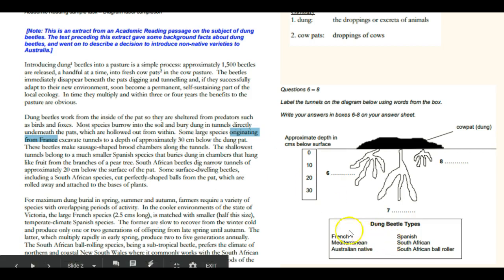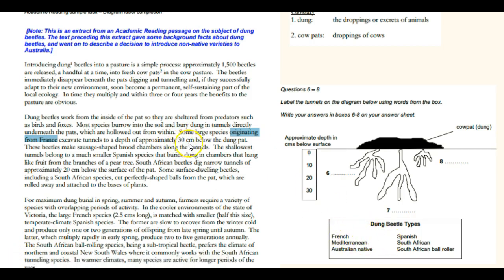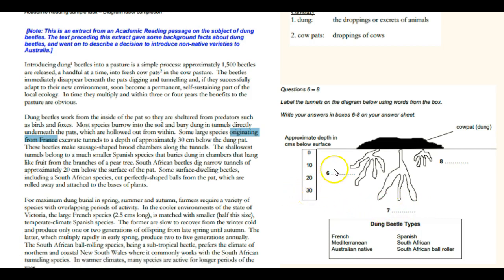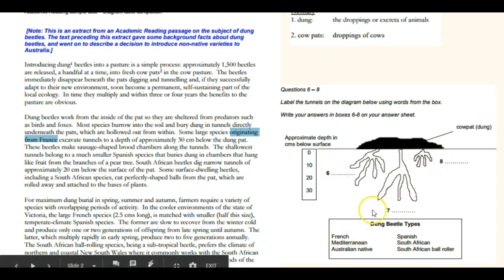Where do you think the word French is going to be? Because I have the number 30 centimeters, French is going to be the deepest, because we only have number 7 for below 30 centimeters. It's not going to be here because it's not 30, and it's not going to be here. So I'm going to put the word French right next to the number 7.